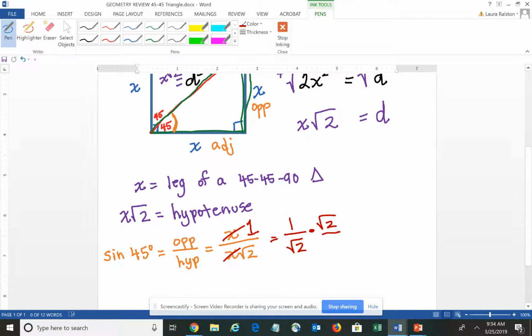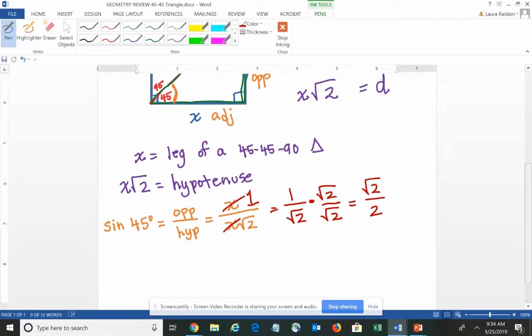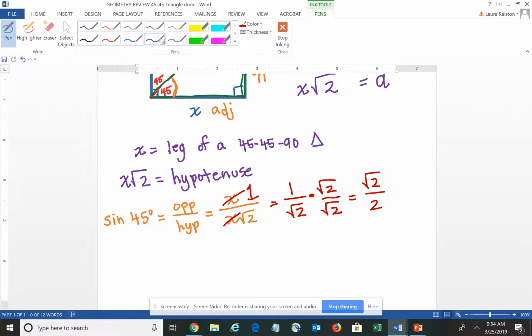So I'm going to multiply the numerator and the denominator by the square root of 2 so that I end up with square root of 2 over 2. So the sine of a 45-degree angle is always going to be square root 2 over 2, regardless of the length of the sides because of the relationship between them. That's one of the basic trig values that you might see used a lot, so you may want to commit that one to memory.